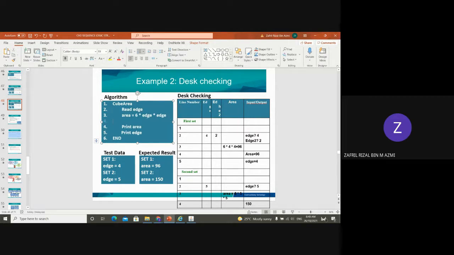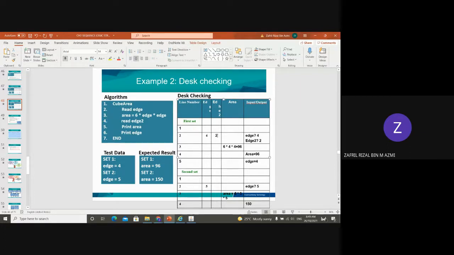It must follow the correct sequence, right? So read H, then read H2. If we have two inputs but the process is not back-to-back, after one input there's a calculation, and then there's another input, so you cannot combine it in a single line.